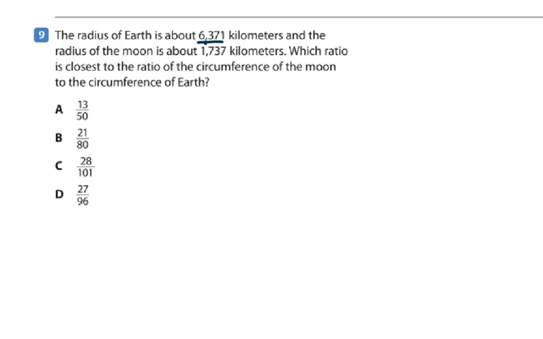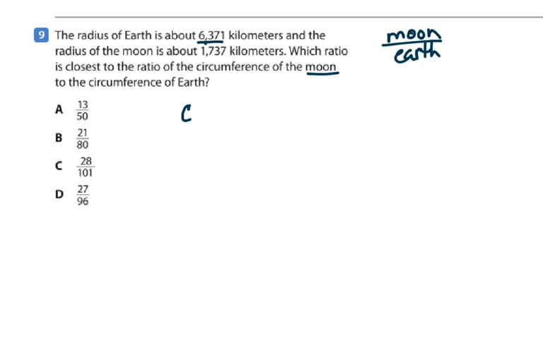Which ratio is closest to the ratio of the circumference of the Moon to the circumference of the Earth? So remember how I said a ratio is a comparison of two numbers by division? You would want to put the Moon on top of your fraction and the Earth on bottom. Well, I have to find the circumference of each one, and then I can make a comparison.